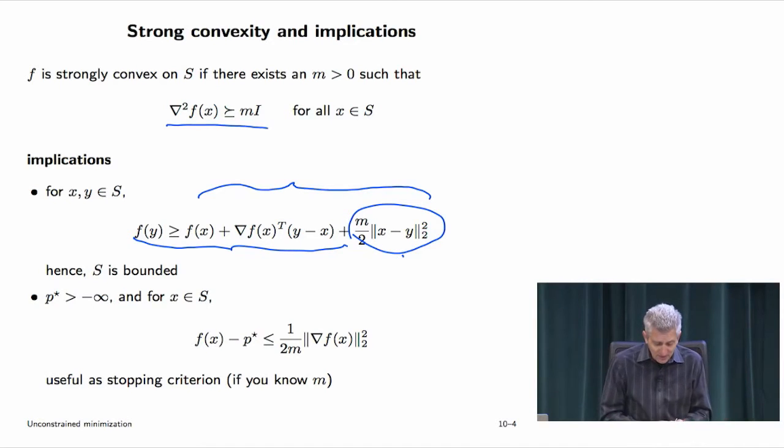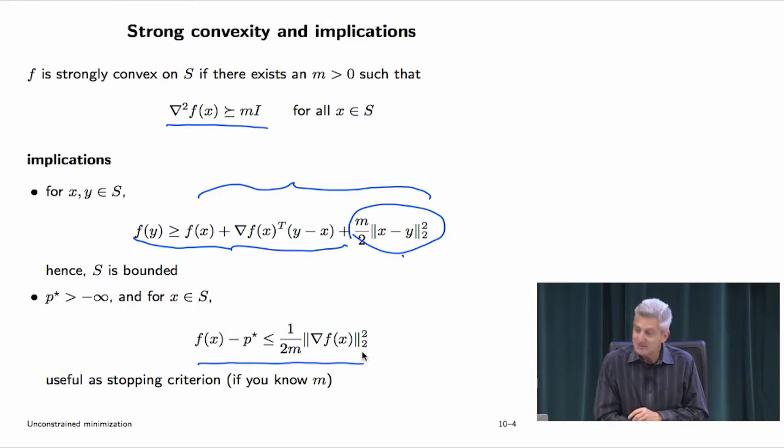All sorts of implications here. For example, if I minimize the right-hand side over y, it's a quadratic function in y, so it has a minimum value. If you do that, you immediately get the following bound: f of x minus p star is less than or equal to 1 over 2m times the norm of the gradient squared. That's actually very useful as a stopping criterion, again in a feel-good way. The reason is that you don't really know m in practice.